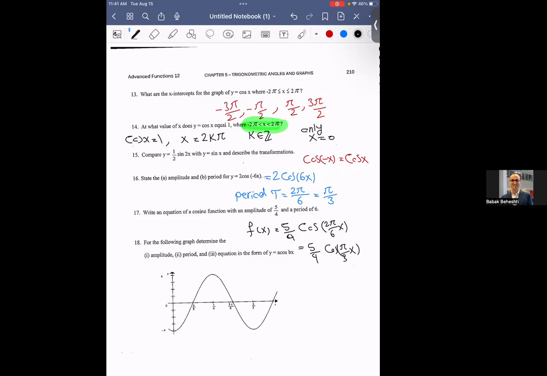For question 18, in order to find the period, it is basically the distance between any two peaks, or the distance between two consecutive minimums or two consecutive maximums. So here, to find the period, you have to find the distance between the two minimums. You can either find the distance here or look at this distance.